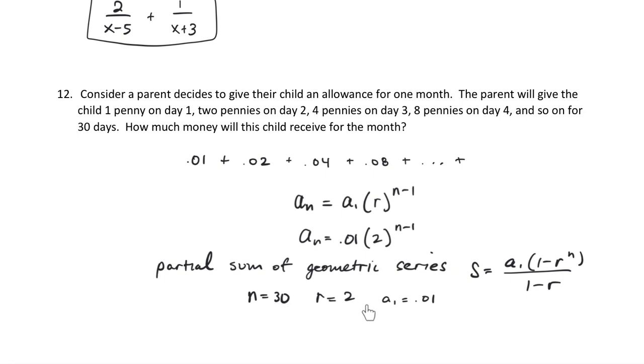So we have all the information we need to use this formula. So this is going to be 1 minus 2 to the power of 30 divided by 1 minus 2.